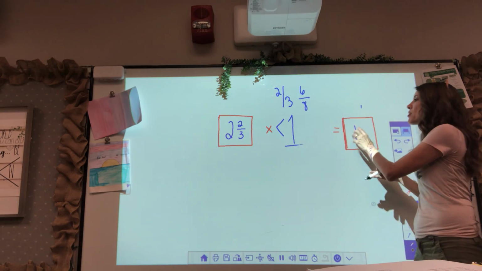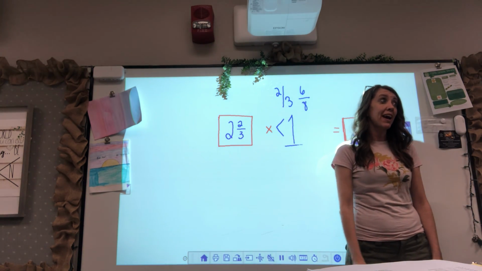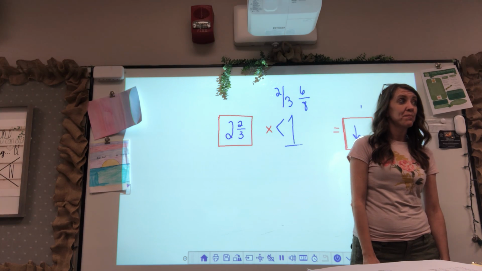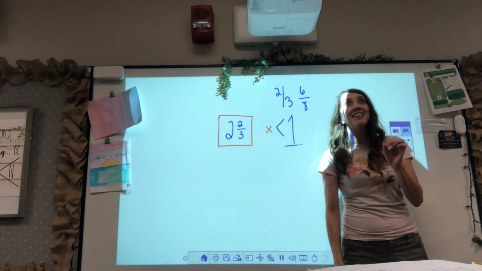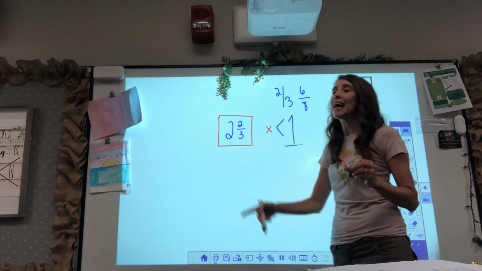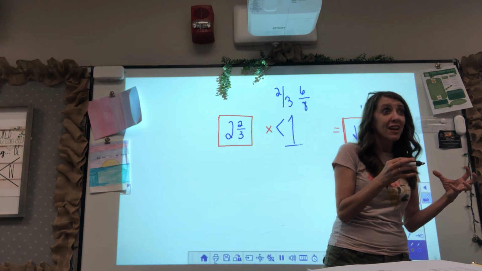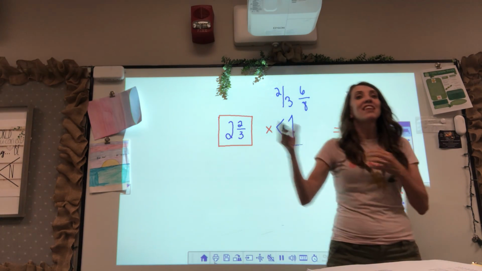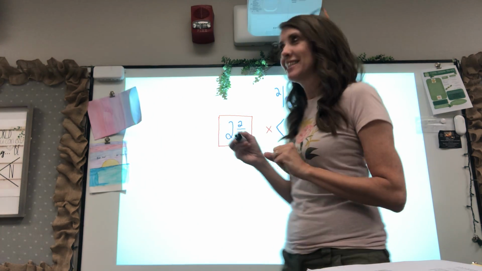You're going to end up with a smaller number than your original factor. Okay? Michaela. 1 billion trillionths. Yes, that's less than a whole. So 2 2/3 times 1 billion trillionths is going to have a smaller product than the first factor.